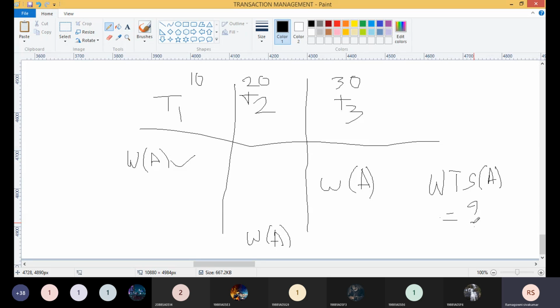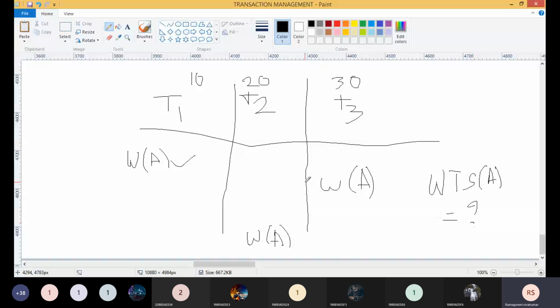Can anyone reply for this? You can consider the latest value. What is the latest value in T1, T2, T3 transactions? What is the latest operation? T3, 30. T3 is the latest.